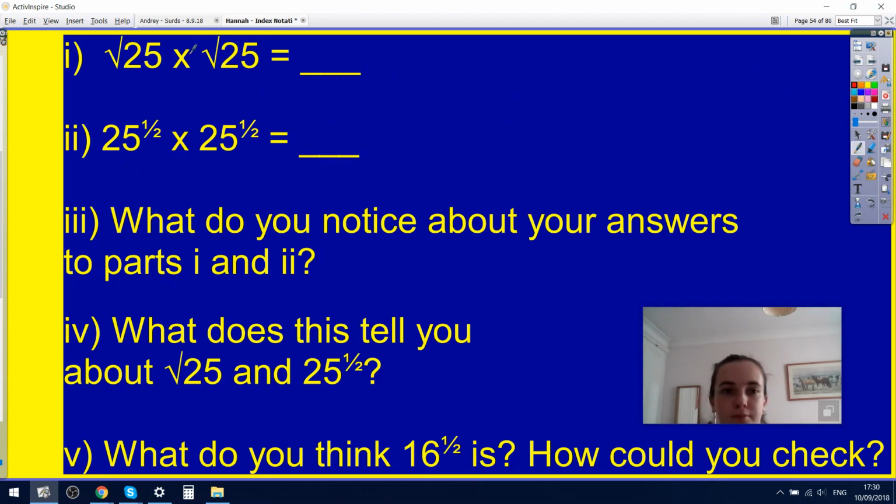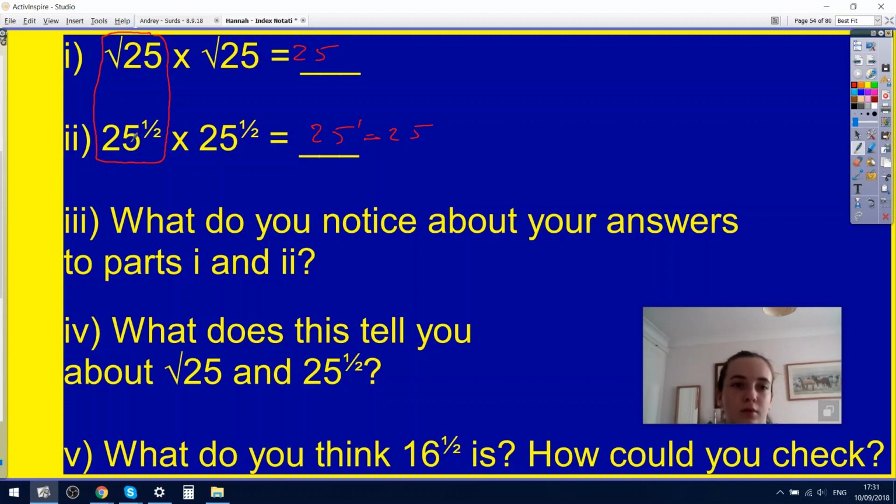Okay. What is this one on the top? 25. Yeah. What is 25? What's the next one? 25 to the 1, so 25. Yeah. So that's 25 to the 1, which is the same as 25. So you get the same answer twice by multiplying something by itself. And so that tells you that they must be the same as each other.